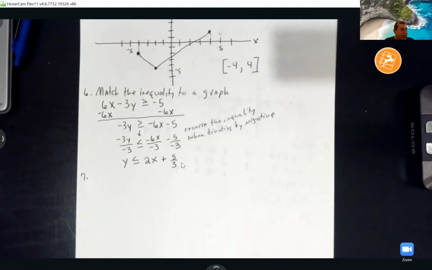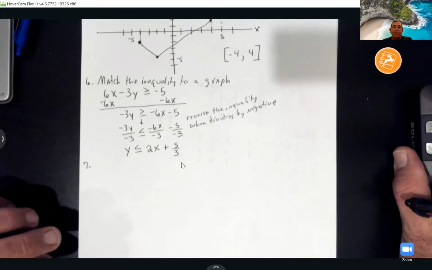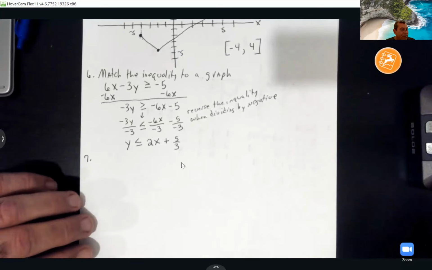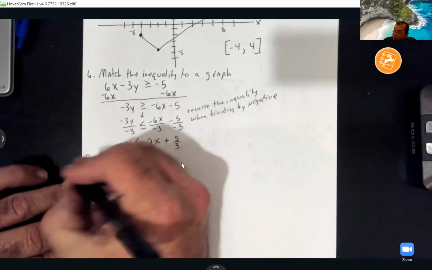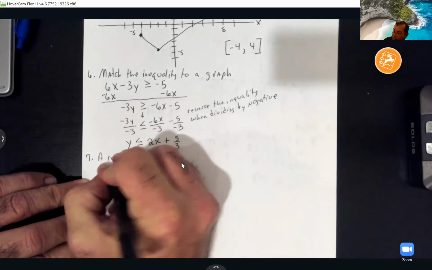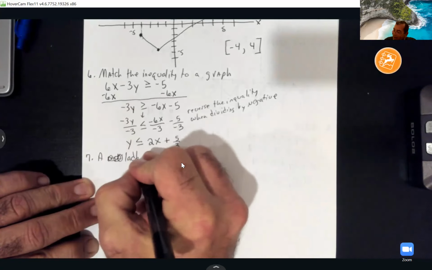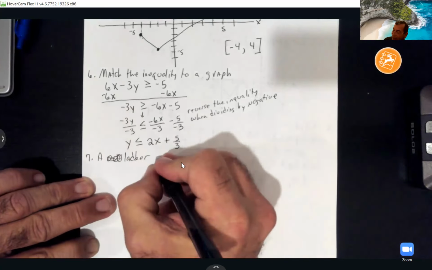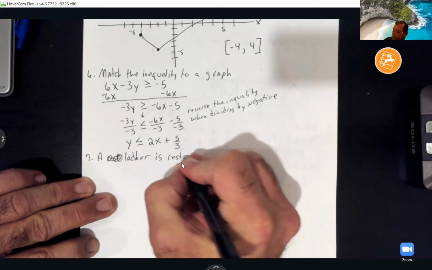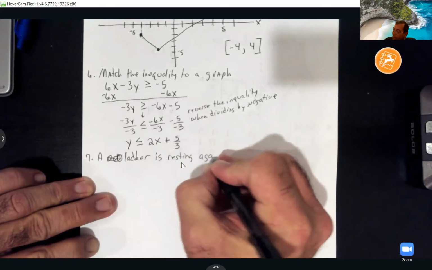All right, y'all. Now, number 7 is our ladder question. A ladder is resting against the wall.